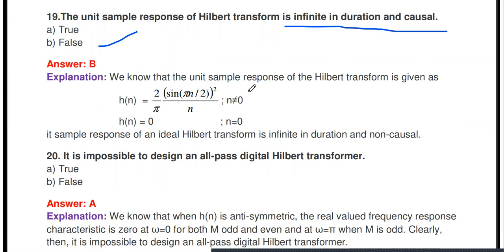From this we can say that the ideal Hilbert transform is infinite in duration, so the first part is correct. But it's not causal, it's non-causal, since h of n is available for negative time as well as positive time. For both times h of n is available. That's why this is a non-causal sequence.